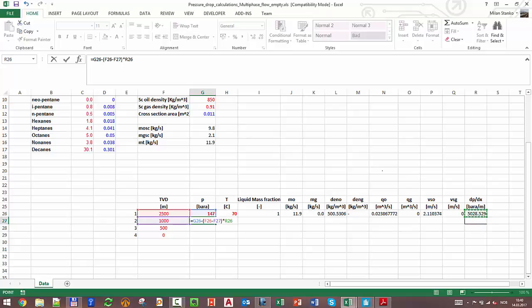That correct? Yeah, we have a pressure drop from the bottom to the next section, so that's why we have the minus. And then we have just the length of the pipe section, which is 1500 meter.